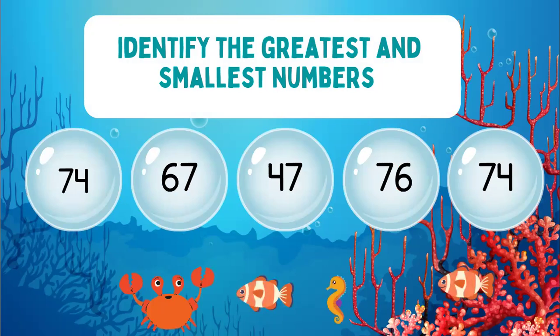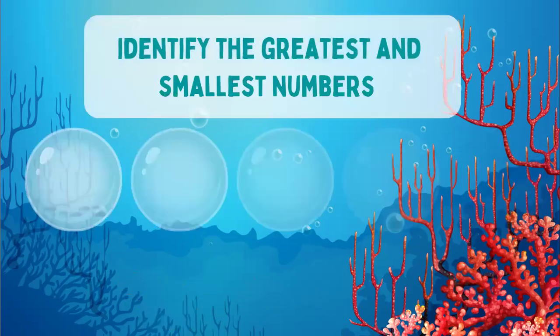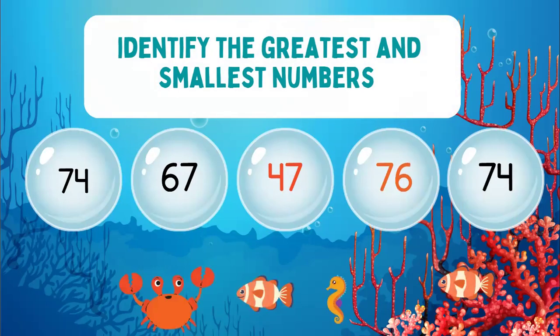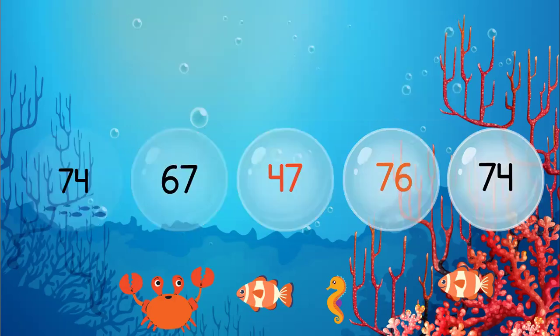This is a bit tricky, right? Okay, let's move on and see the answer. If you chose 76 as the greatest number and 47 as the smallest, nice job! You're getting even more smarter than me.